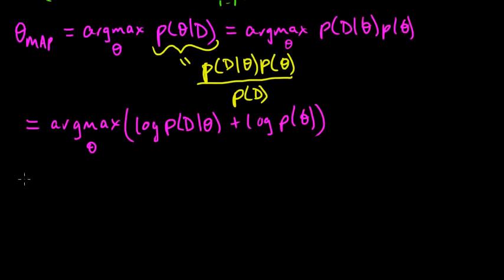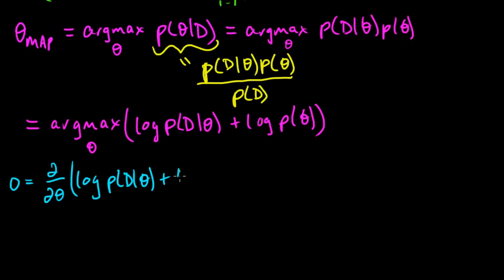So let's differentiate. We'll say 0 equals the derivative with respect to theta, which is just a scalar value, the mean, of the log of the posterior distribution. The derivative is linear, so it's just the sum of the derivatives.